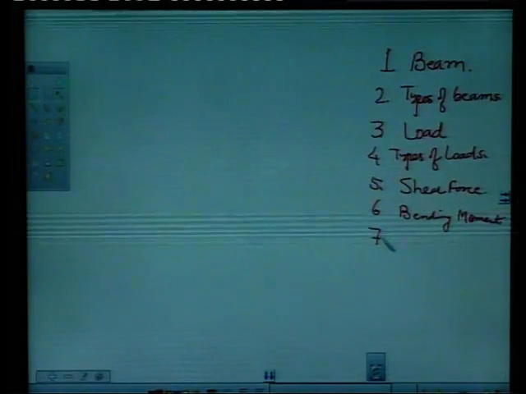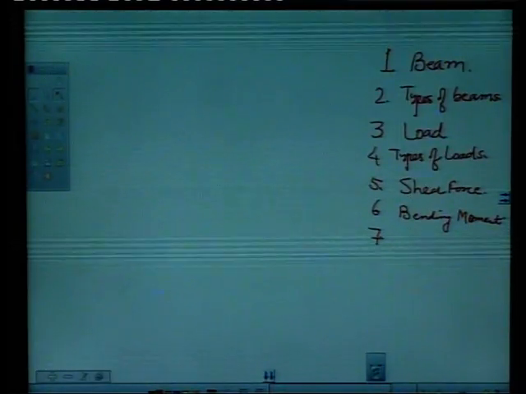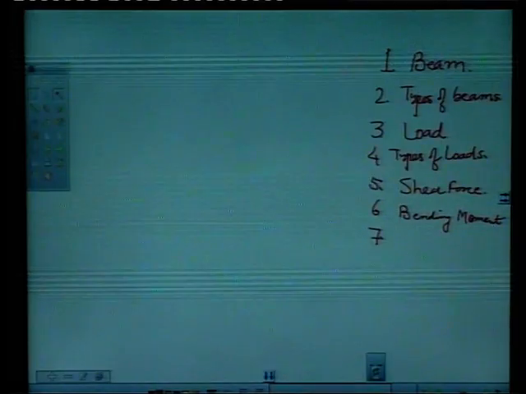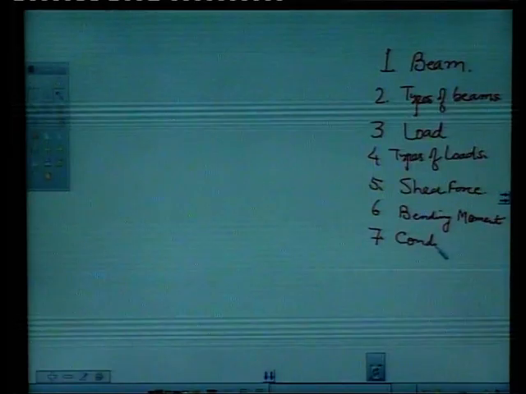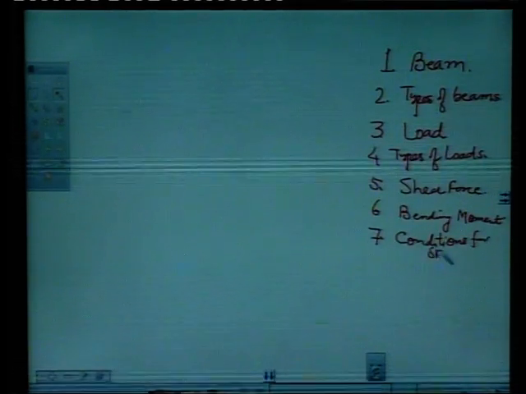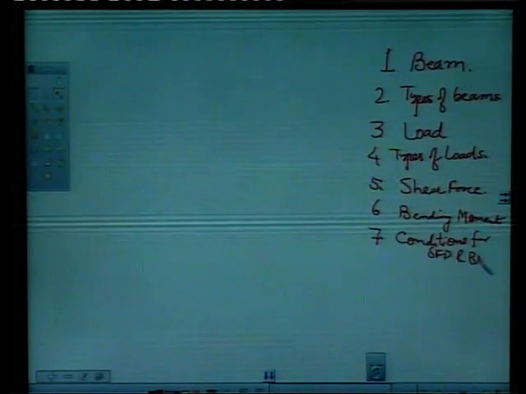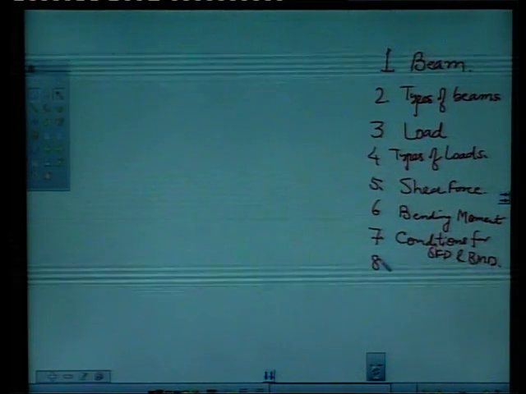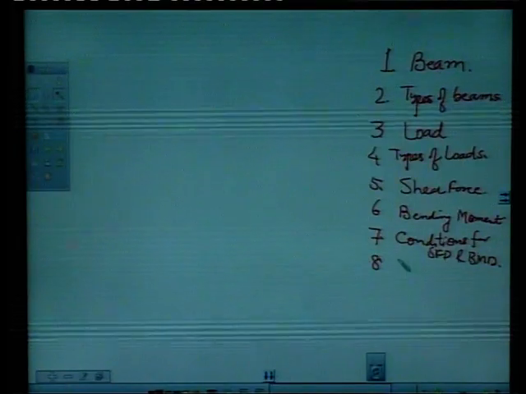Then there are certain conditions which should be satisfied for drawing the shear force diagram or for calculating the shear force and bending moment. What are those conditions? Conditions for SFD and BMD. Then what is the general procedure to draw the shear force and bending moment?